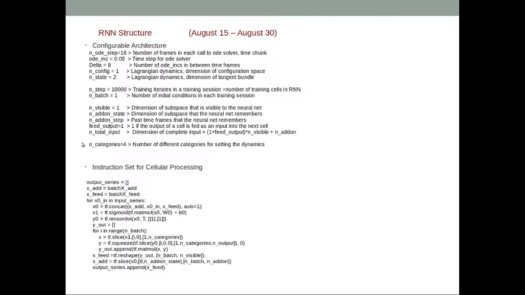Next, we're looking at n categories, and that has to do with the specific design of the RNN. If we look at neural networks in general, they're very good at categorizing information, bucketing it into different buckets. So the idea behind the RNN that I've designed is that we're going to make multiple predictions of what the next state might be.